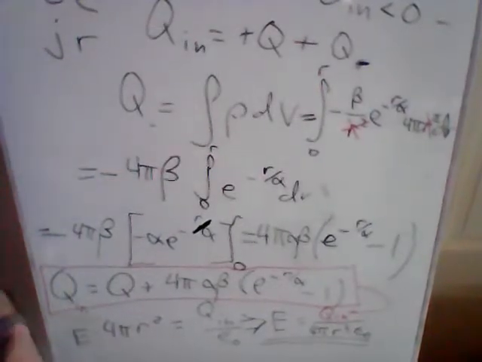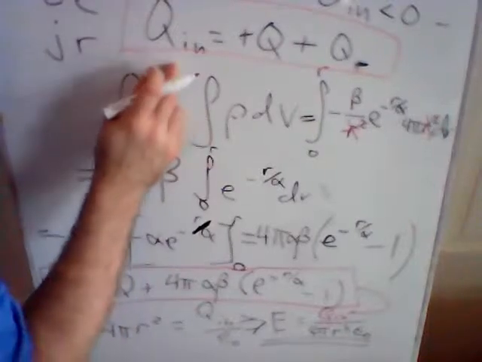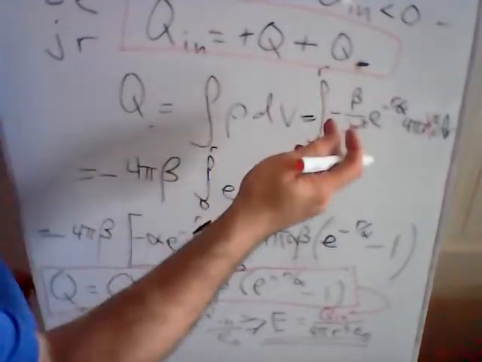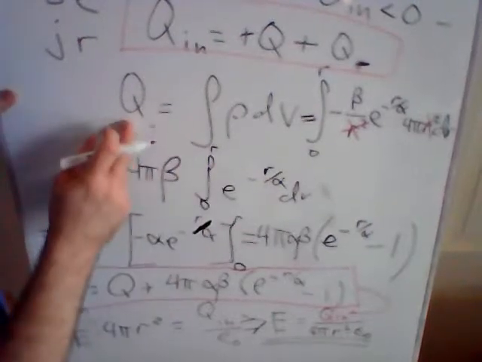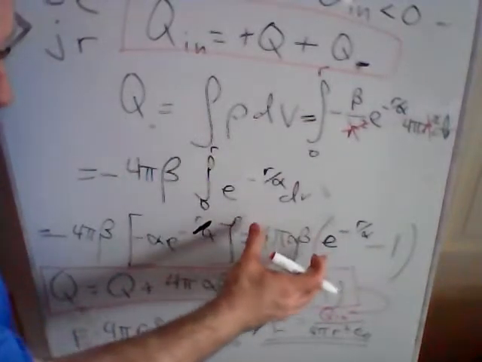Oh, cool. Question with a minus sign. So I was a little bit sloppy when I had this thing going over here, because when I said this up here, this is where Hannah's confusion comes in. So the total inside charge is the positive charge plus the negative charge, or minus the magnitude of the negative charge. When we figured out the negative charge, we ended up with this expression, and this expression is negative.